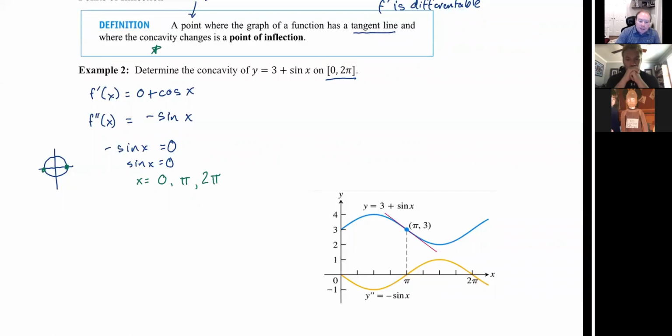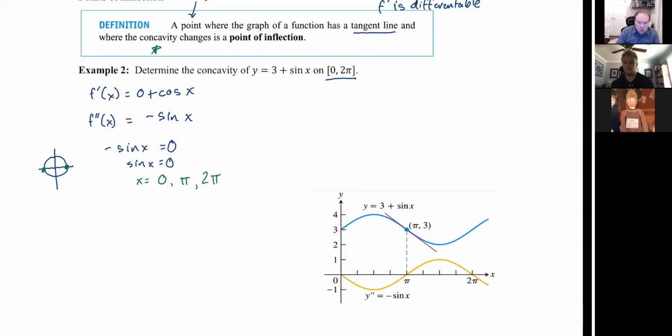But realize that if we are trying to determine the concavity and look at the points of inflection, we don't have any graph off to the left or the right. So there's no way to even consider if there's a point of inflection there.